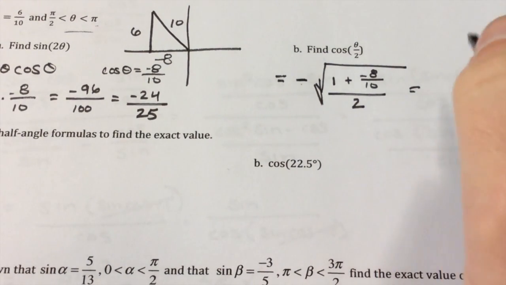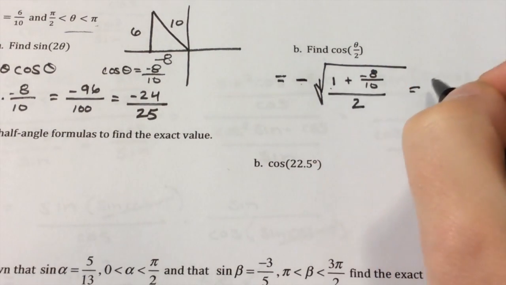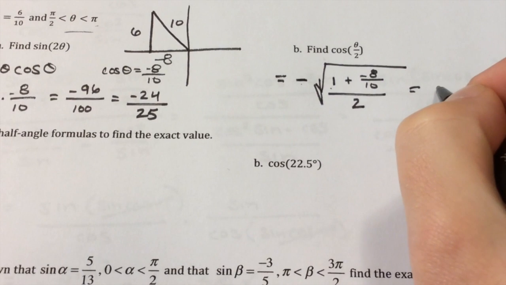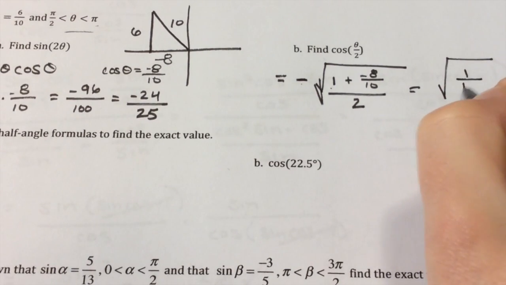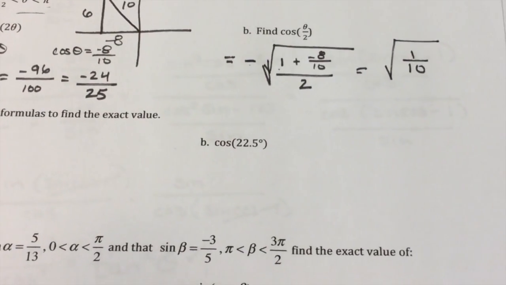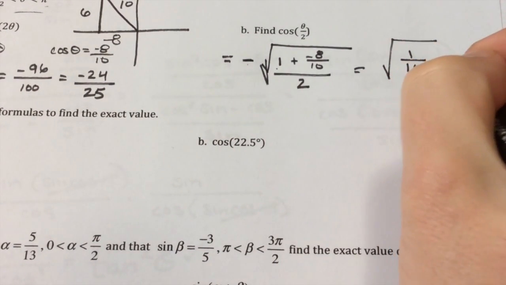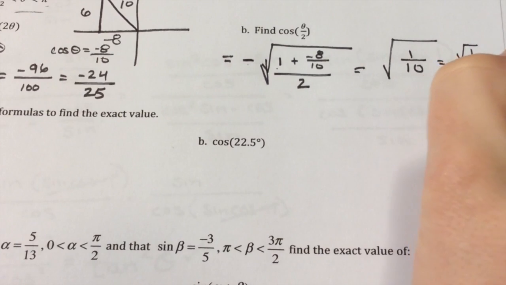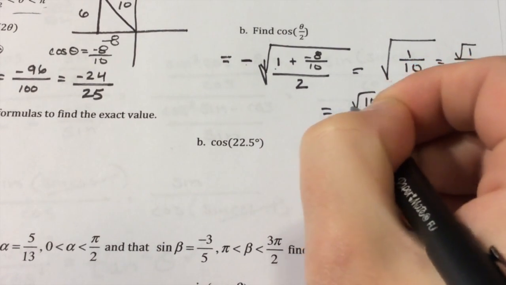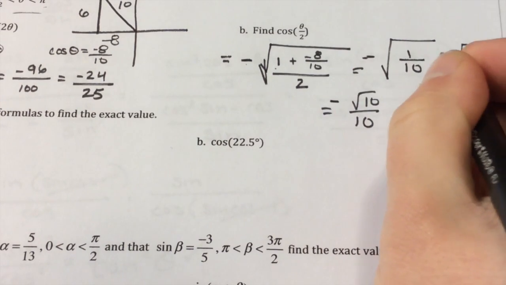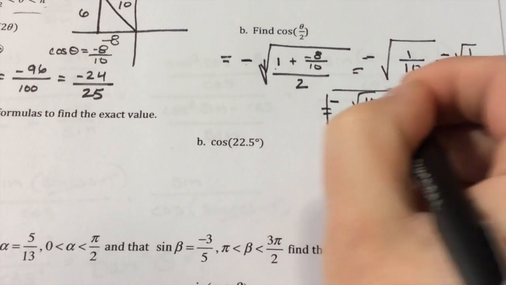Sorry, 1 minus 8 tenths is 2 tenths, or 1/5. Half of 1/5 is 1/10. So this is the square root of 1/10, which is the square root of 1 over the square root of 10, which is the square root of 10 all over 10. And it's negative because cosine's negative in the second quadrant.